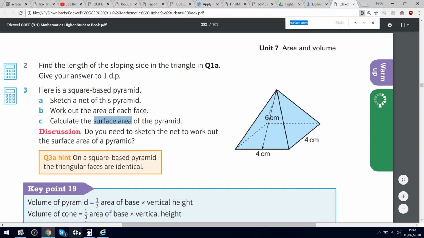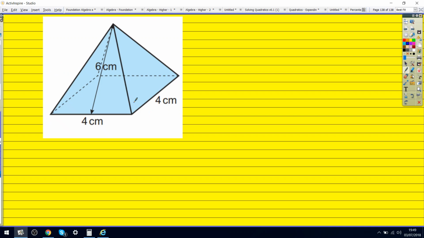So I'll type that in the calculator. 64 cm squared. Yeah, seems about right. 64. Okay.